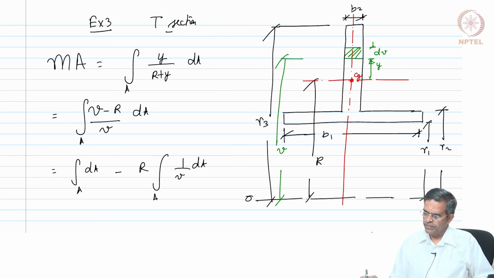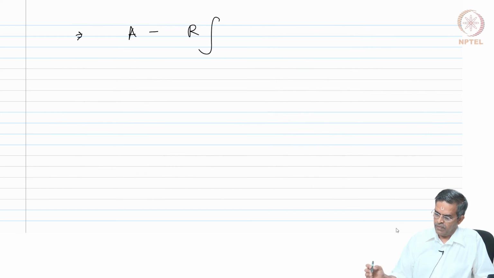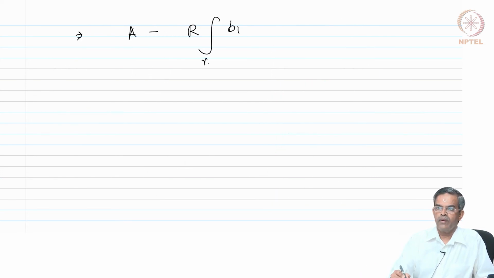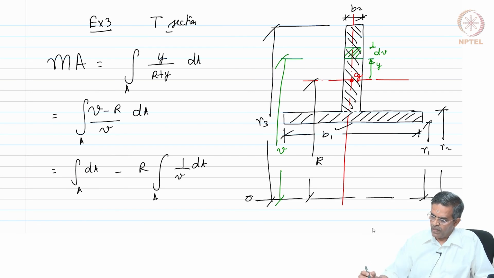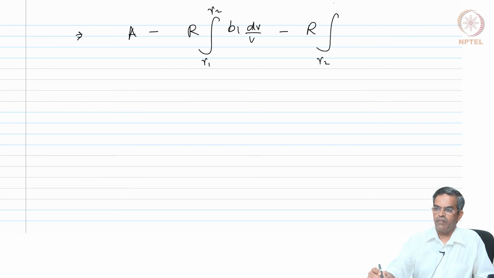talking about dA, we have to have two parts of this. One is varying from R1 to R2, which is this piece. Other is varying from R2 to R3, which is this piece. Okay. So, I should say R times of B1, because this piece is width B1 and varying from R1 to R2, of dv by v, minus R times of, varying from R2 to R3, B2 dv by v.